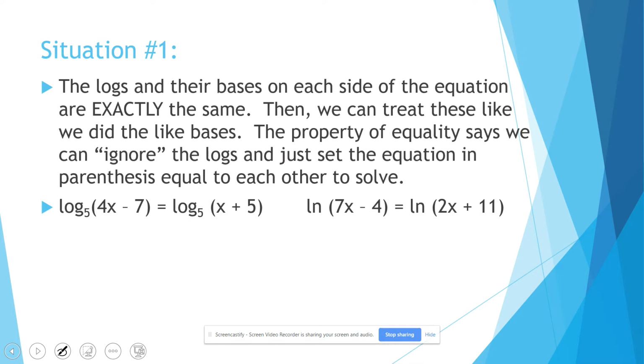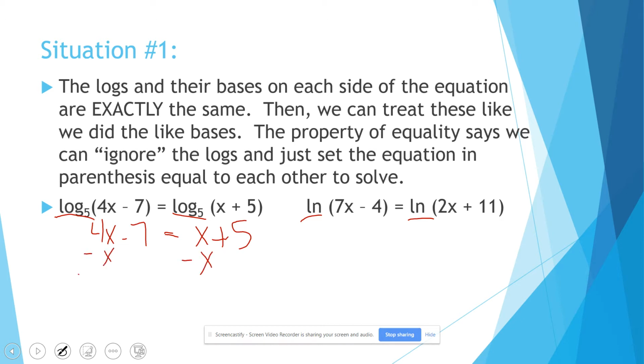Three types of situation we'll look at for solving logarithms and natural logarithms. If we have the exact same log with the exact same base on either side, it's kind of like the like bases that we did with our exponential functions. When this happens, then we can say 4x minus 7 is equal to x plus 5 and solve for x.